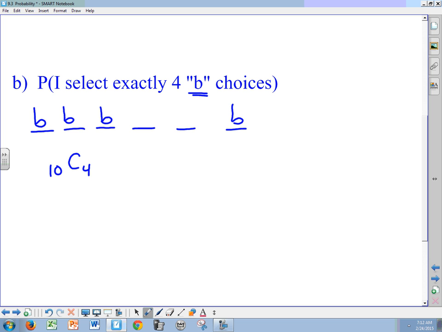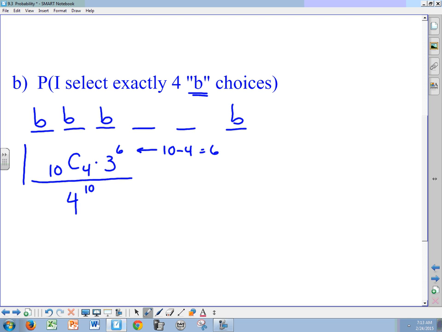That says there are 10 choose 4 ways to select 4 B choices out of a total of 10 slots. But remember, for each one of those, I'm going to have 3 to the 6th power, because it was 10 minus the 4, those were the B choices, to the 6th power. That's the remaining parts. And again, this is over 4 to the 10th power.